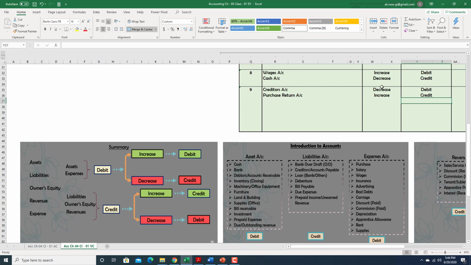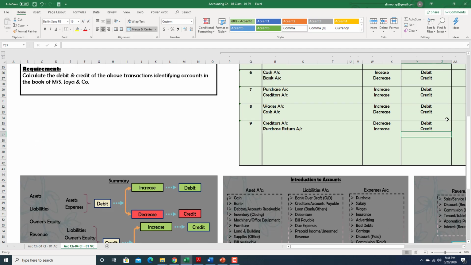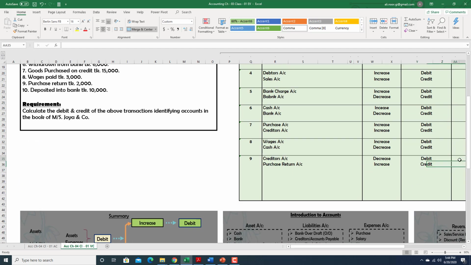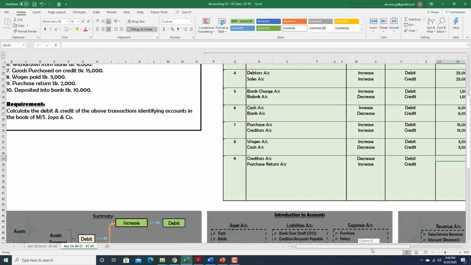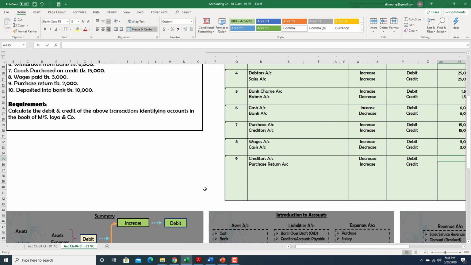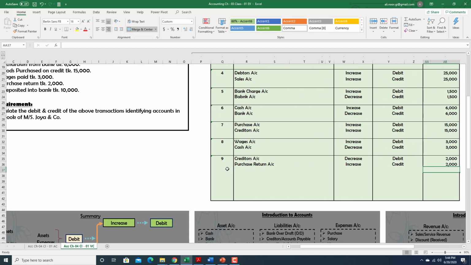So for creditors being decreased we have to write debit, and purchase return account, which is an opposite of expense account, because of purchase return it increases, so we have to write it as credit. Okay, right. Now the amount is 2,000 debit, 2,000 credit. Okay, done.